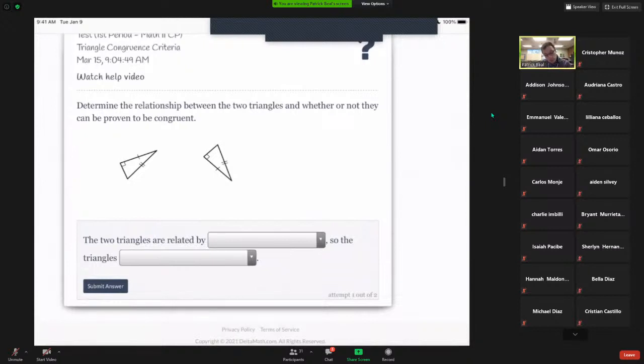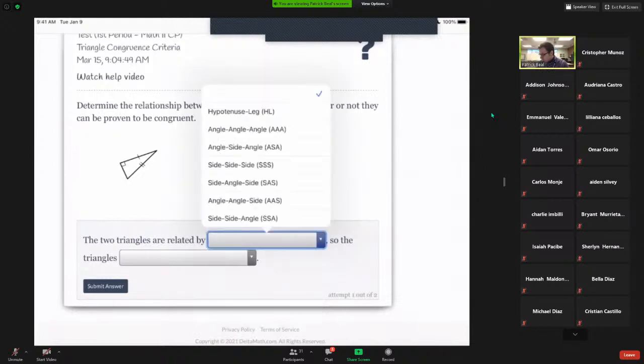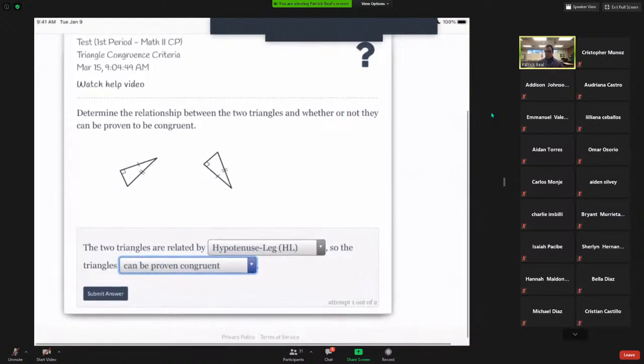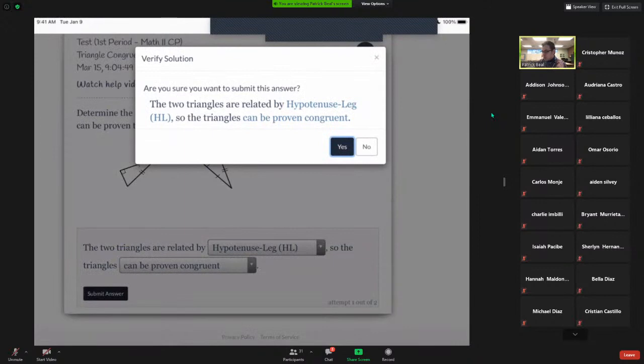So actually this is something called hypotenuse leg. Oh boy, we've got a lot of work to do here. So this is actually hypotenuse leg, and they can be proven congruent, specifically because of that 90-degree angle. So basically you would fill in something like that. If you're not sure what that is, don't worry, it's one of our shortcuts. I'm going to show you that in just a second. You hit submit, you hit yes, and you get a check mark.